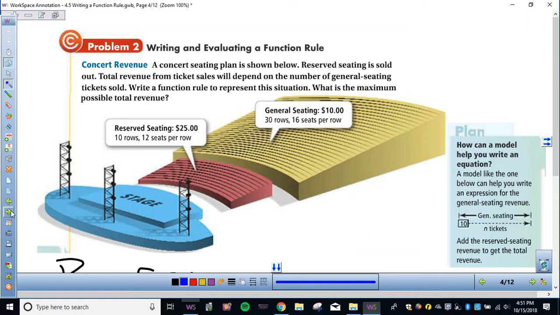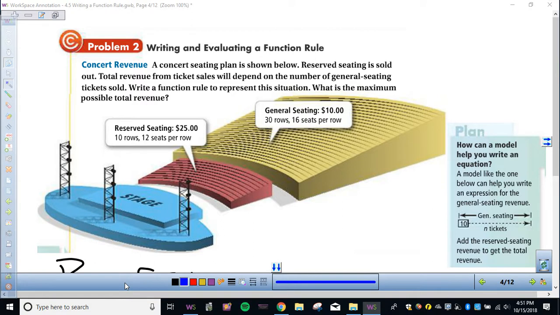We're talking about concert revenue. A concert seating plan is shown below. Reserved seating is sold out. Total revenue from tickets will depend on the number of general seating tickets sold. Write a function rule to represent this situation. What is the maximum possible total revenue?